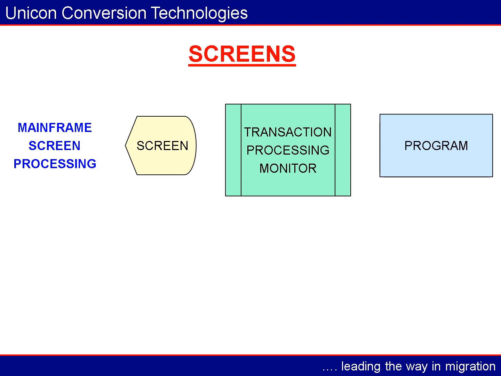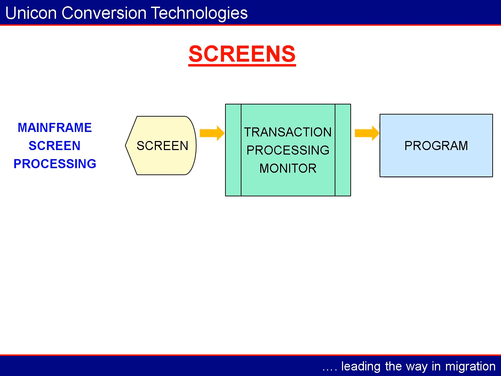So how can the screens be converted? Screen processing on the mainframe platforms begins by a screen that was rendered to a user terminal being sent by the user to the TP monitor. The TP monitor packages the message from the screen, calls the required program to service that message, usually via a transaction code, and passes the screen input message to the called program.